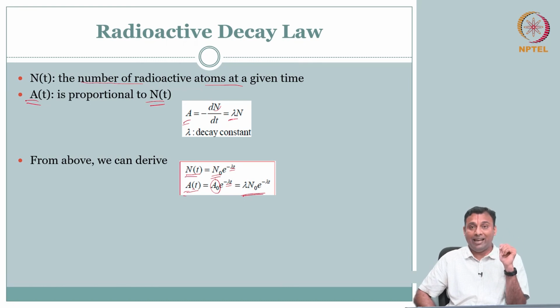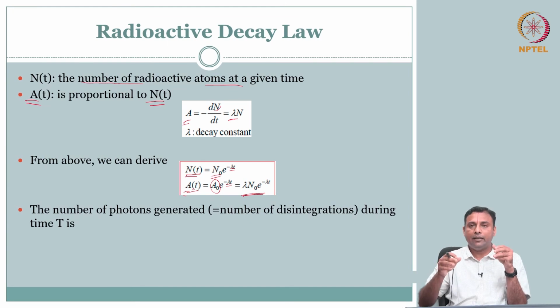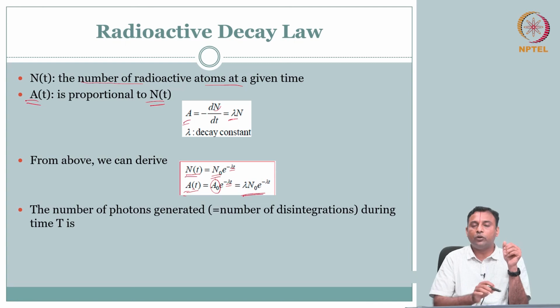It depends on your lambda, that is the inherent property of that atom. So what is the number of photons that are generated during this time? Oh, it is decaying and it is sending out, right. So the number of photons generated is going to be the number of disintegrations that has happened, right. So how much is it going to be?